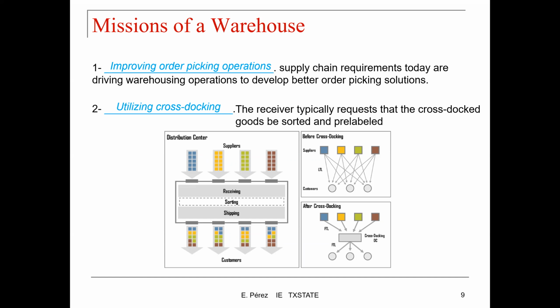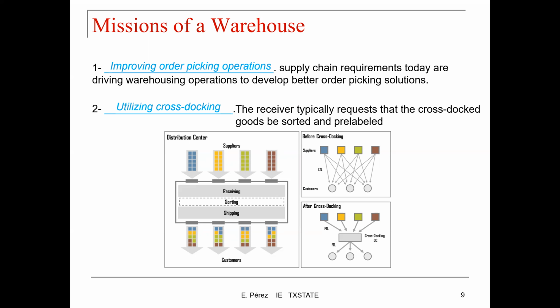Utilizing cross-docking. So the idea of cross-docking is to have an in-between structure between the customer and the warehouse, in which you can sort items at a specific point that are coming from different warehouses.